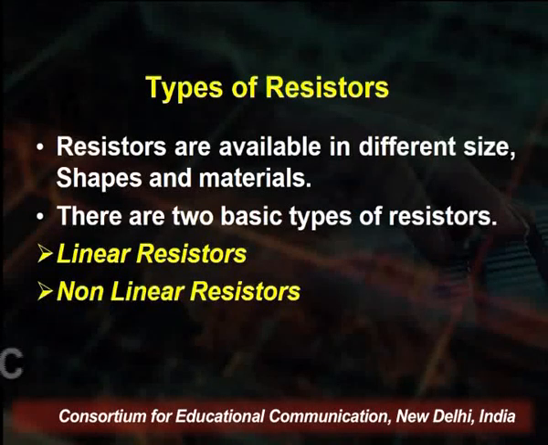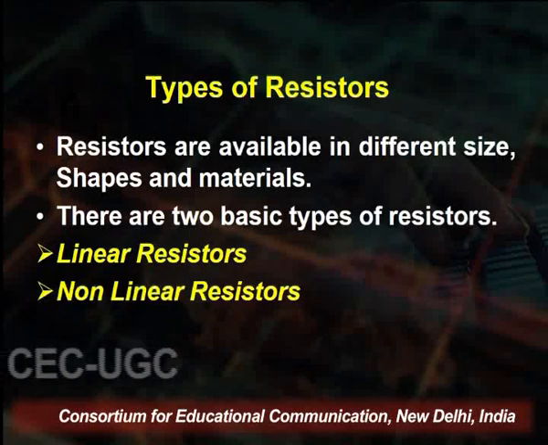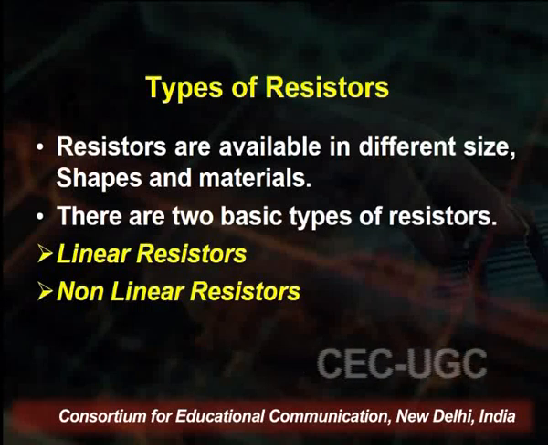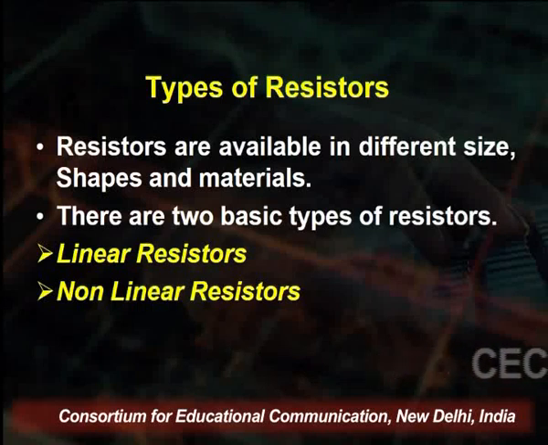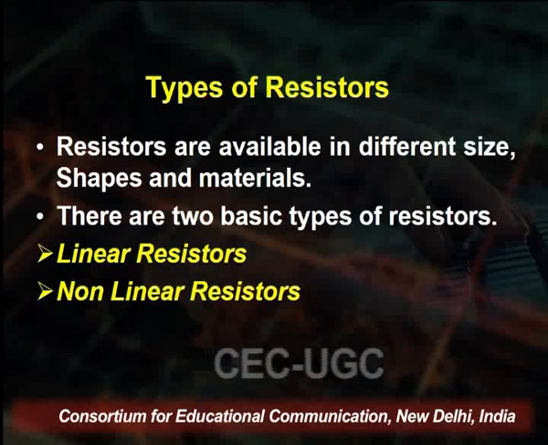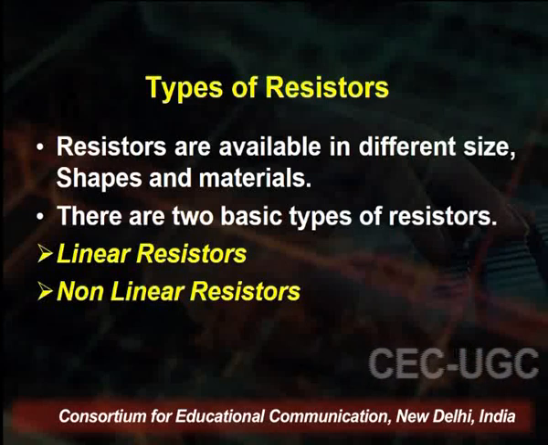Now, types of resistor. We will define all types of resistor one by one. Resistors are available in different sizes, shapes and materials, and on that basis they are categorized into two categories: linear resistor and non-linear resistor. What are linear resistors?